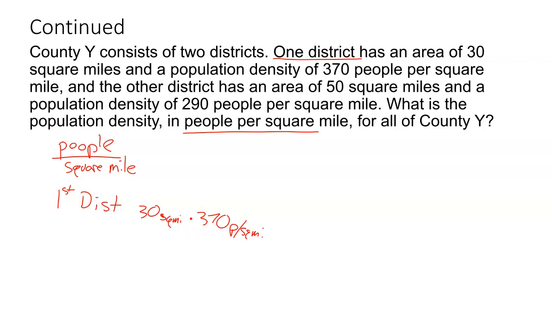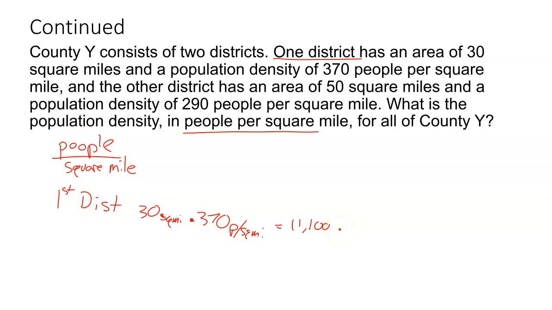Do you divide? I'm not going to divide. Oh, you add. Multiply. 30 square miles, every single square mile has 370 people. So we want to multiply those together. 370 times the number of square miles. Oops, too many zeros. Keep doing it. 11,100. Correct me if I'm wrong, because I'm literally doing that from memory.